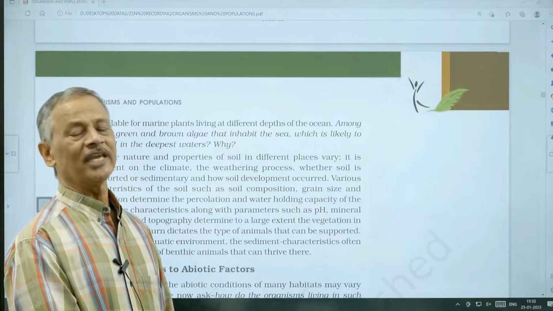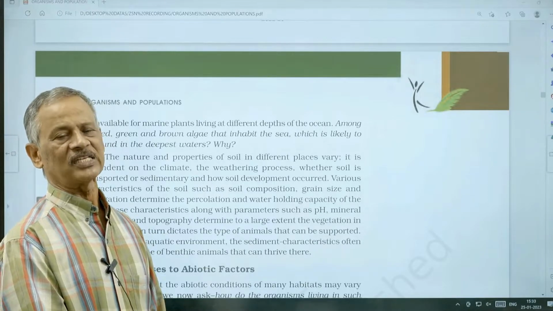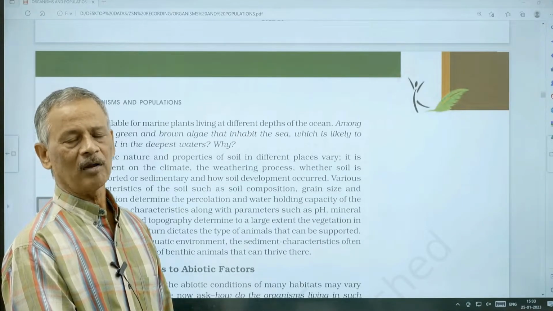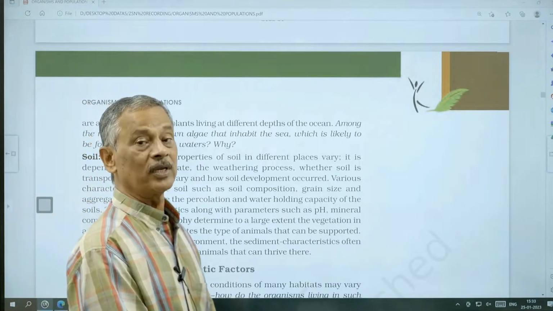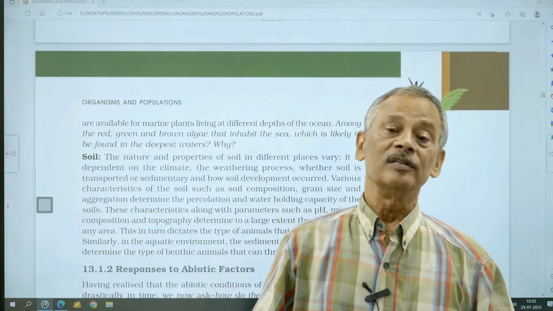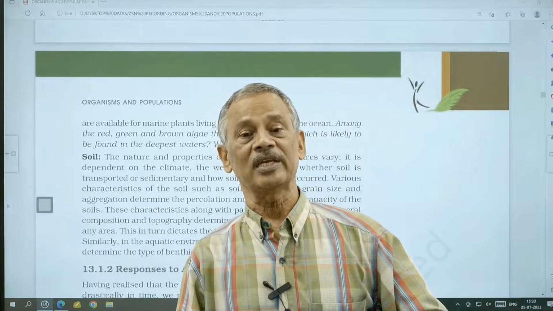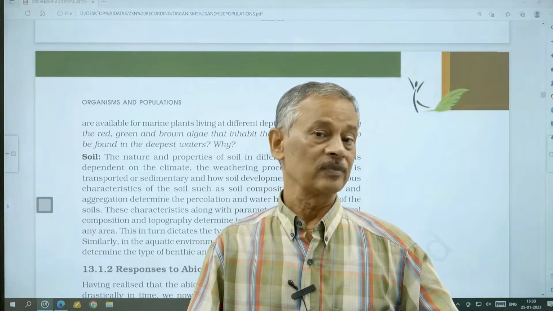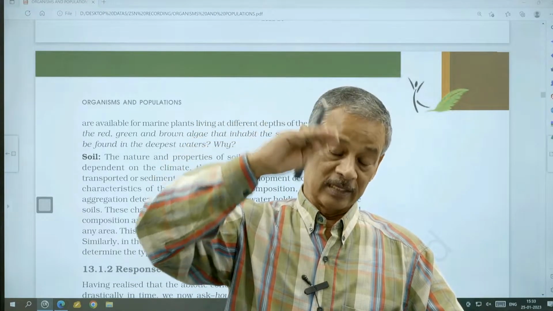We have a number of factors. The study of the soil as it is formed is called pedology, and we have to study the physical and chemical nature of the soil, how the soil is formed, what the composition is, and what the special features are. Remember that the soil is not the same everywhere.